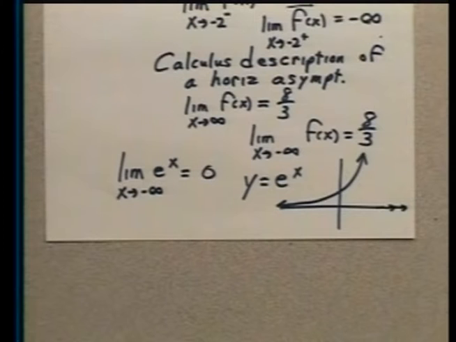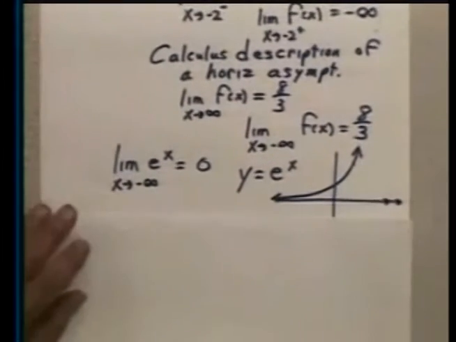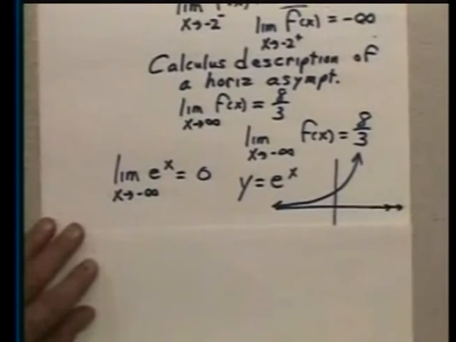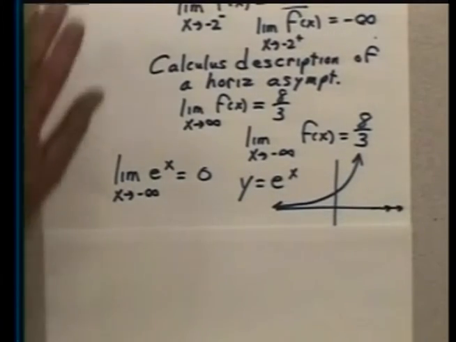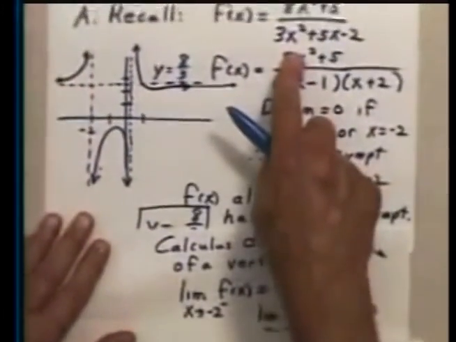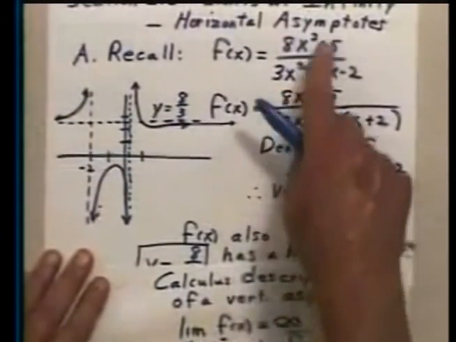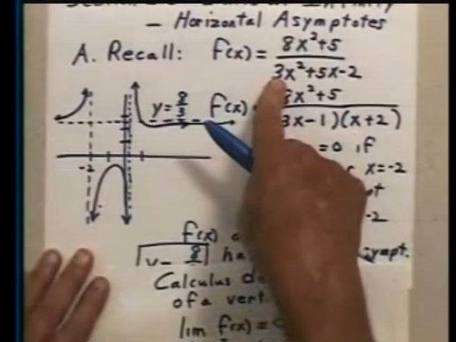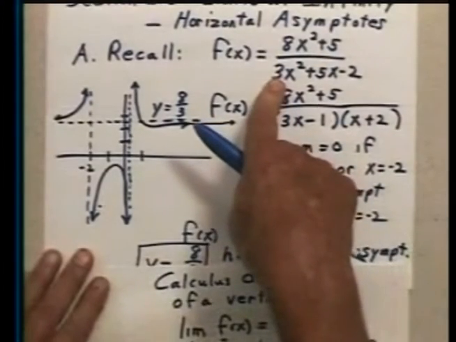Okay, from here, we try to justify why what you were taught in pre-calc, namely when you have a function like this, you can just look at the ratio of the leading coefficients and the answer is the horizontal asymptote.